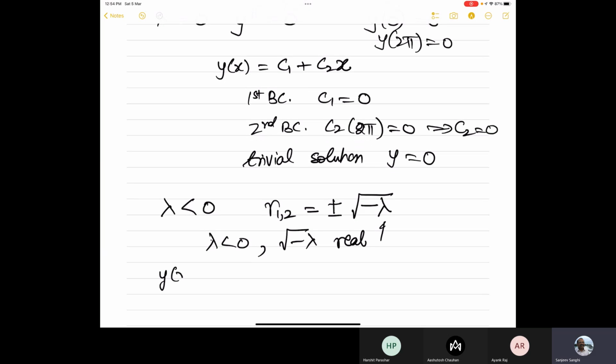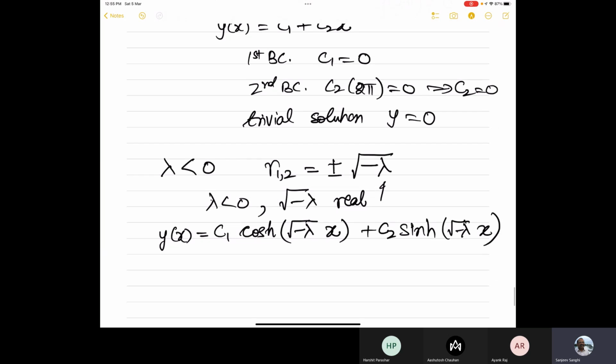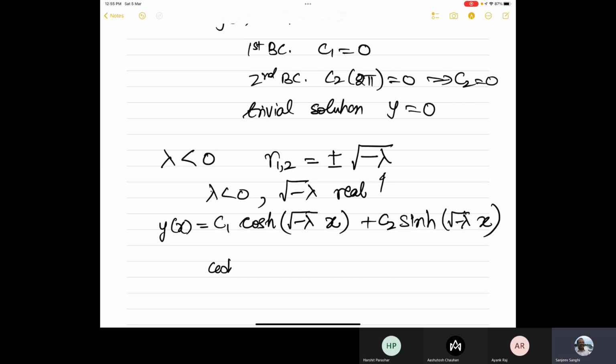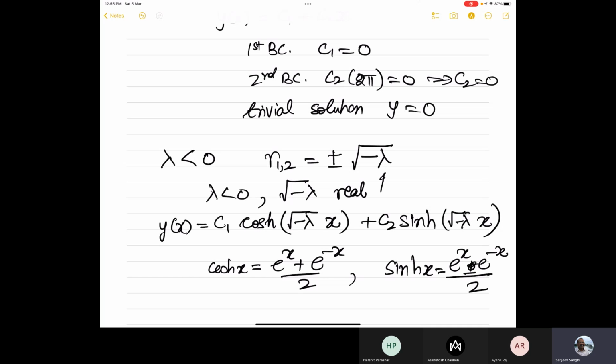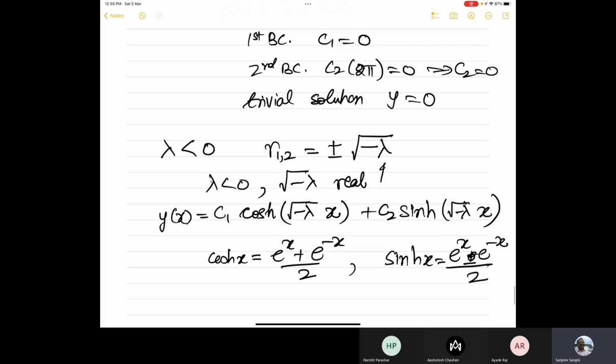And here you can express this as y of x is equal to c1 times cos hyperbolic square root of minus lambda x plus c2 times sine hyperbolic square root of minus lambda times x, where cos hyperbolic x is equal to e to the power of x plus e to the power of minus x by 2, sine hyperbolic x is equal to e to the power of x minus e to the power of minus x by 2.